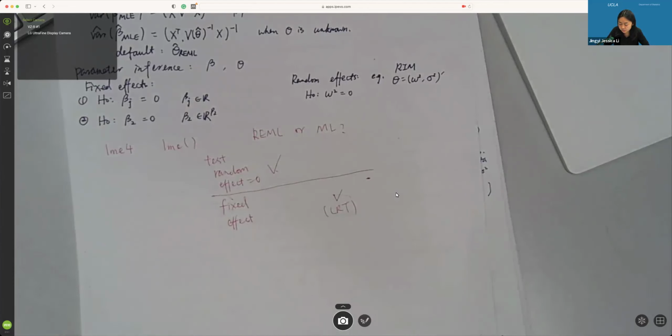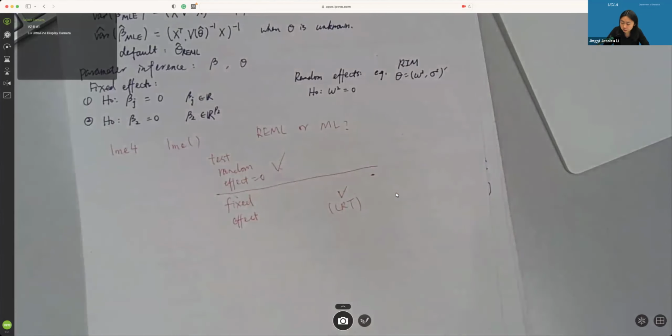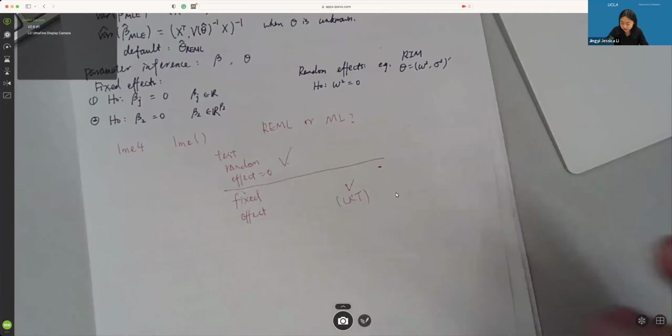Because for this part, you will mostly be relying on existing packages for doing the parameter estimation. But the most important thing is whether you are able to interpret the output from the R package, know what they actually mean. Okay, so I think that's all about the linear mixed model.